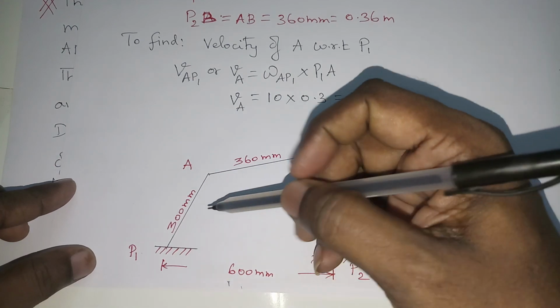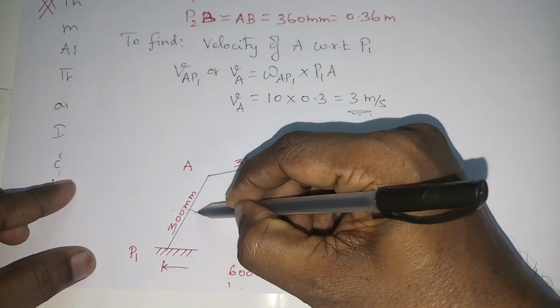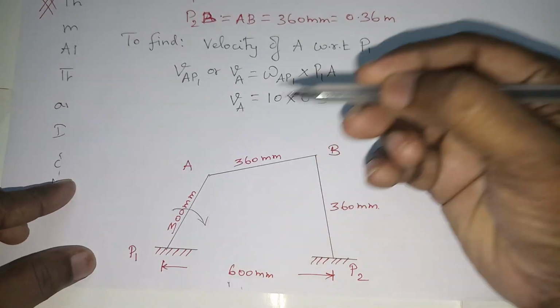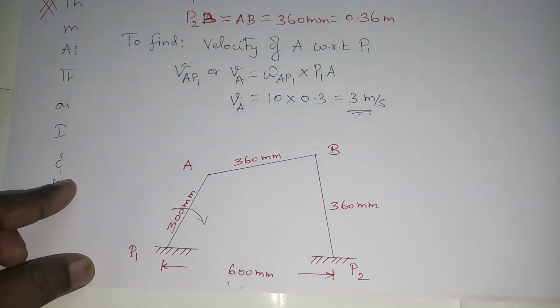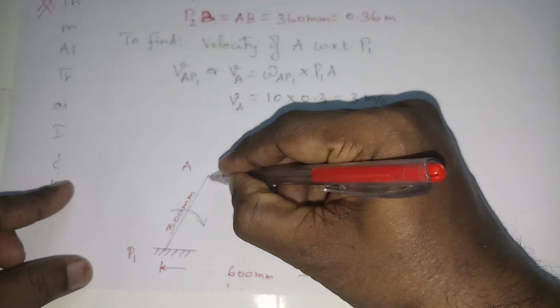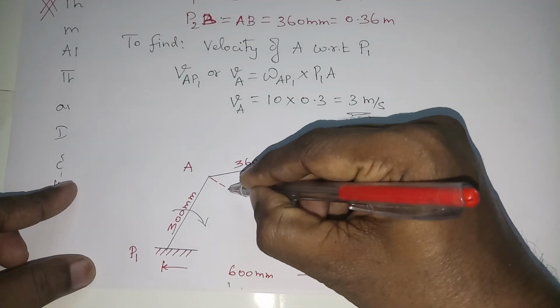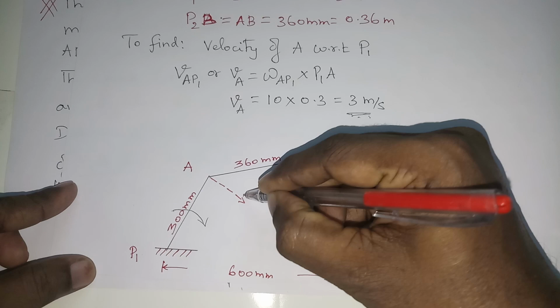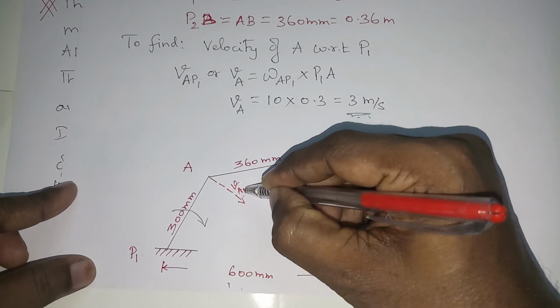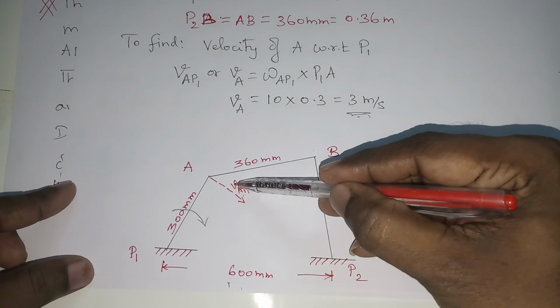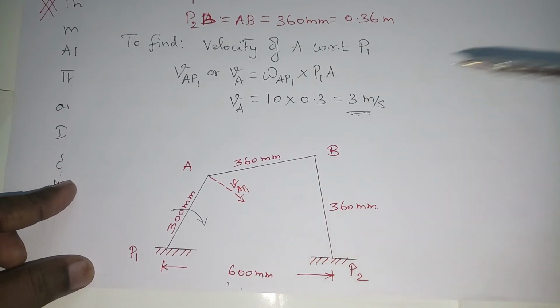At the same time, this link is rotating in the clockwise direction. Therefore the velocity will be acting perpendicular in this direction. This will be VAP1, that means velocity of A with respect to P1.